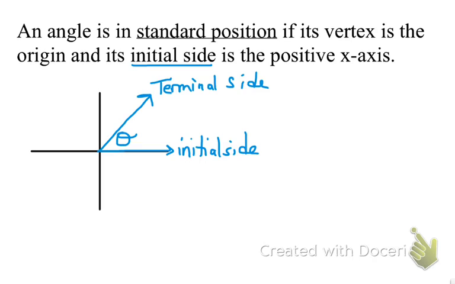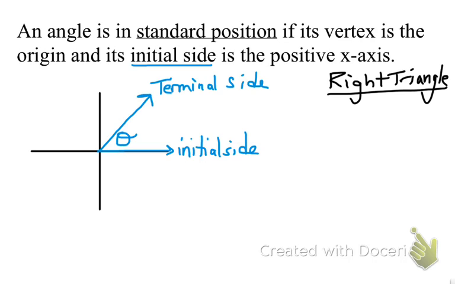Now, one of the benefits to looking at angles and trig functions of angles in the context of the coordinate plane as opposed to the right triangle is the size of the angles that we can use. If we think about right triangles, what size of angles work in a right triangle context?